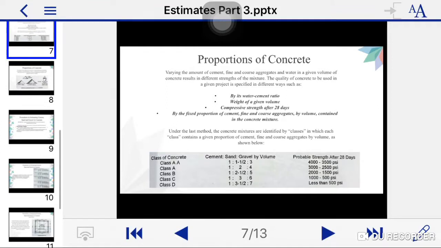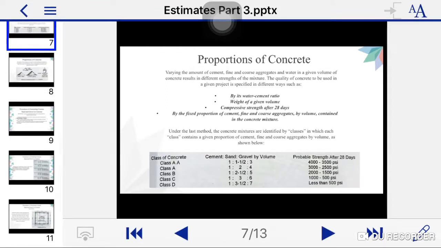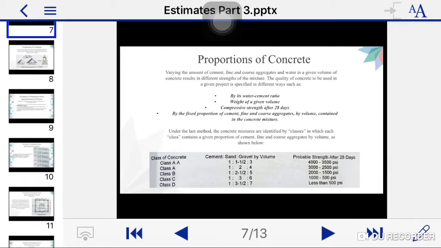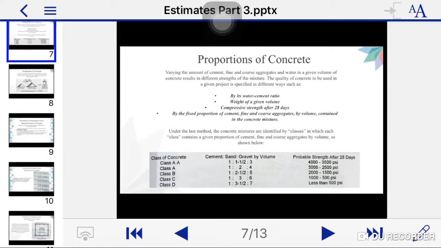Then class B, the proportioning is 1:2.5:5. So the probable strength is around 2,000 psi, which is 13.79 megapascal.